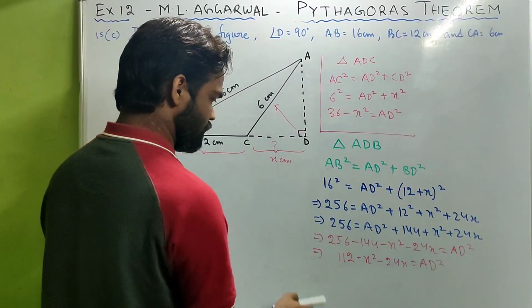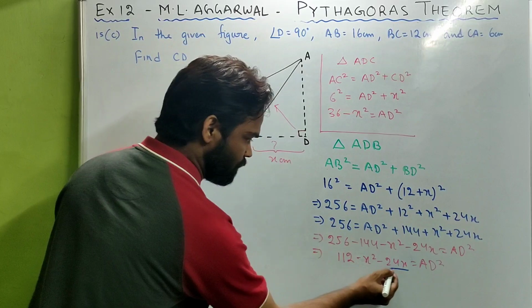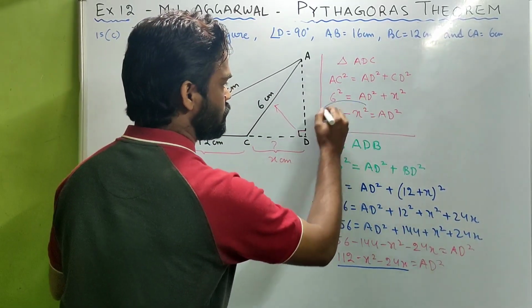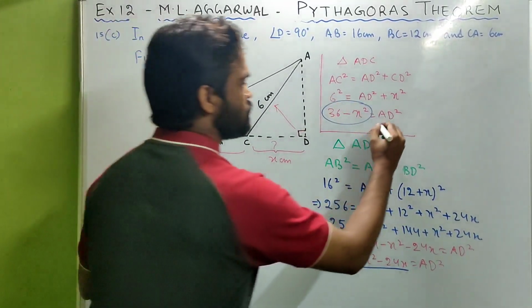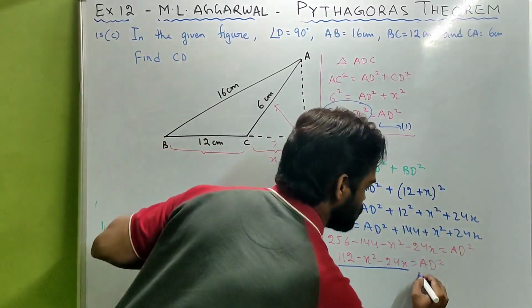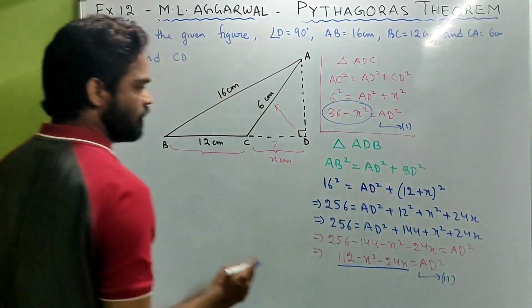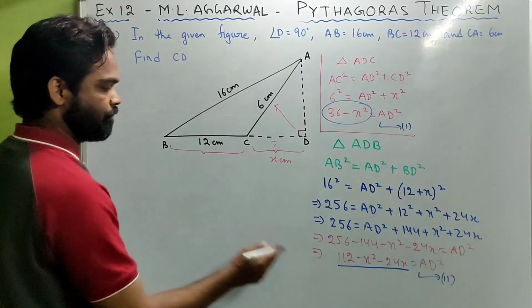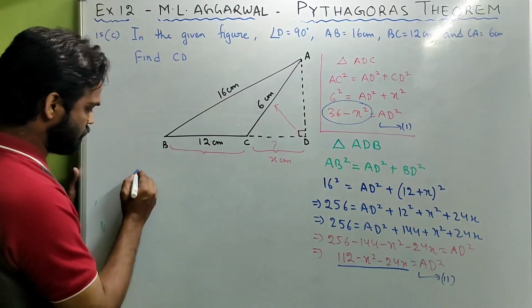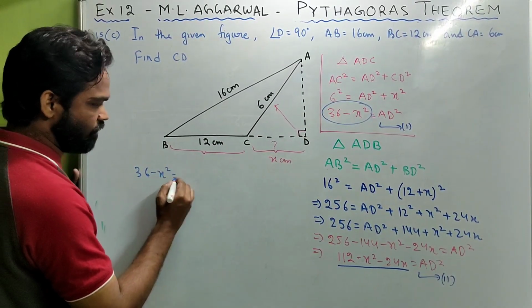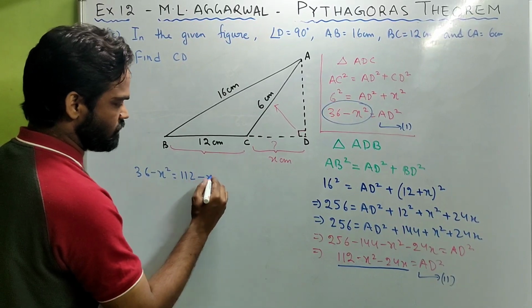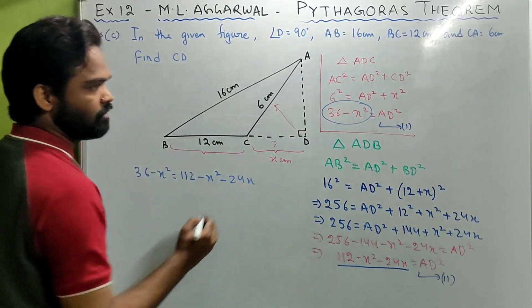Now look over here. AD square is this much, and AD square is over here this. Suppose this is your 1, this is your 2. When you compare 1 and 2, can we say that 36 minus X square will be equal to 112 minus X square minus 24X?